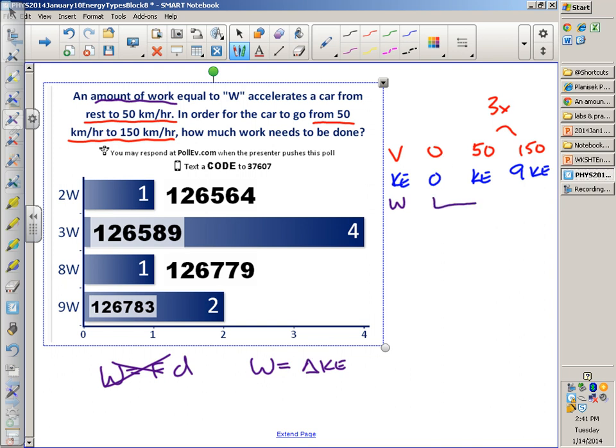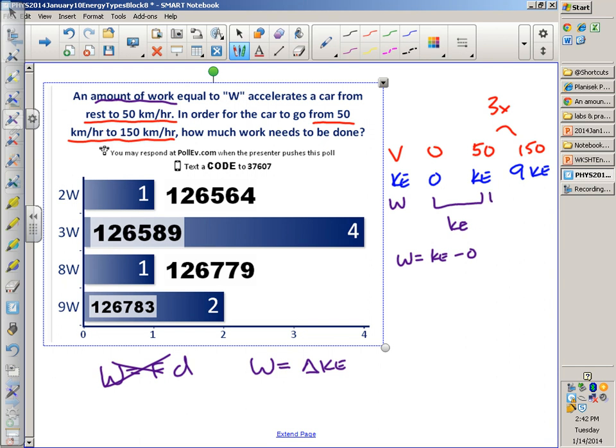So from here to here, this does an amount of work equal to KE. Right? Work is equal to final, which is KE, minus initial, which is 0. Does that make sense?